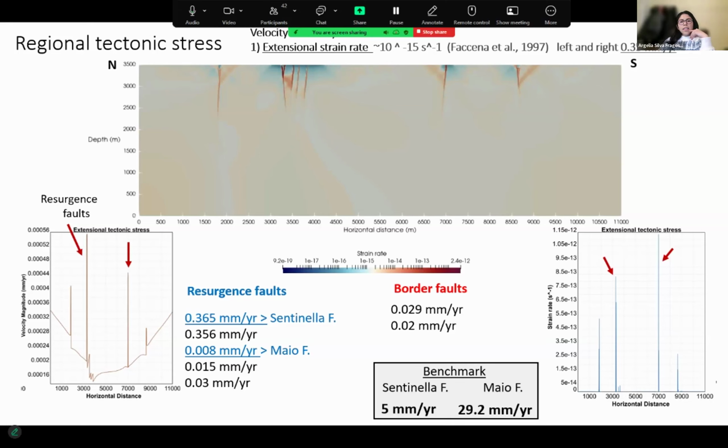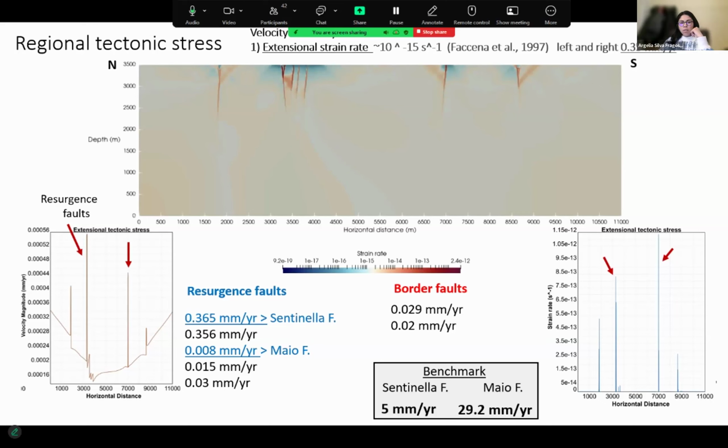We can see that this extensional stress affects the resurgence fault, but also a little bit the ring faults. However, if we use these values of deformation to calculate the slip rates, we can see that the deformation is not enough to reach the values of displacement that we already know, those of 5 and 25 millimeters per year.